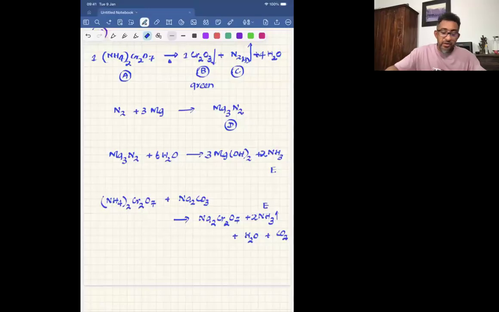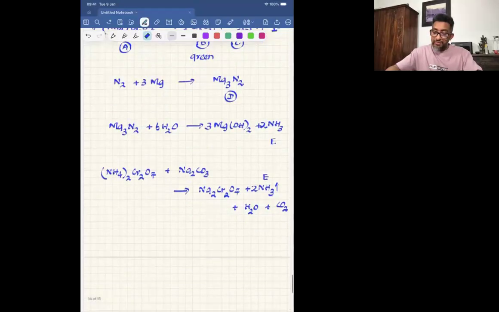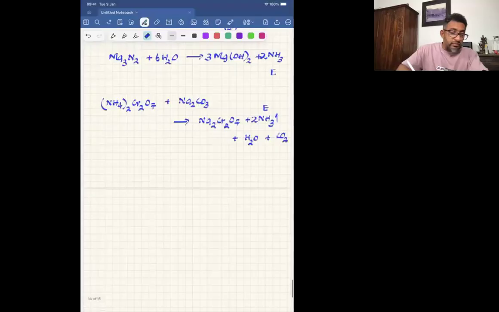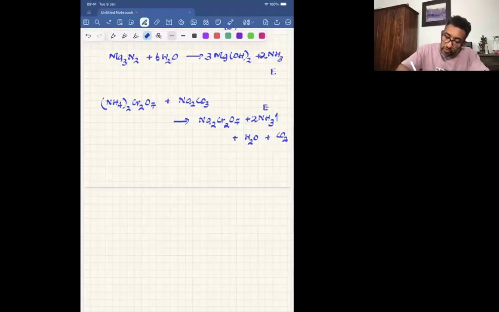When green colored B was heated with the basic hydrogen peroxide solution, it gave a yellow colored solution F. So green colored B, Cr2O3, reacts with hydrogen peroxide, turning to the yellow colored material, CrO4 2 minus.